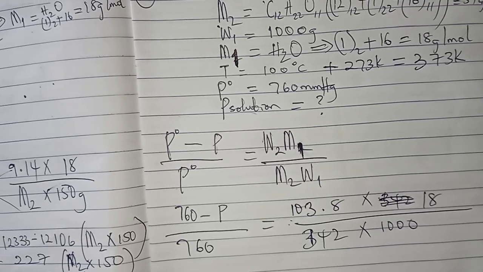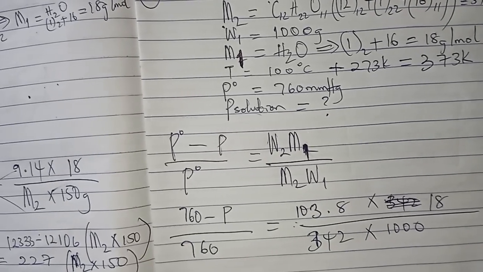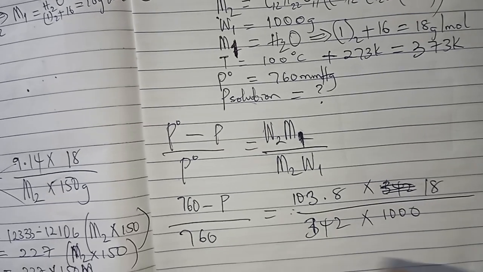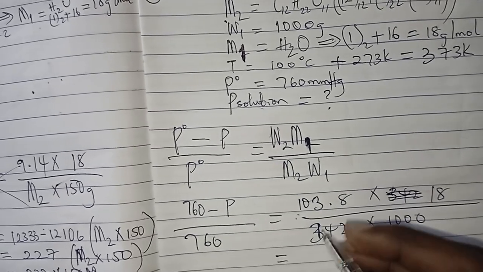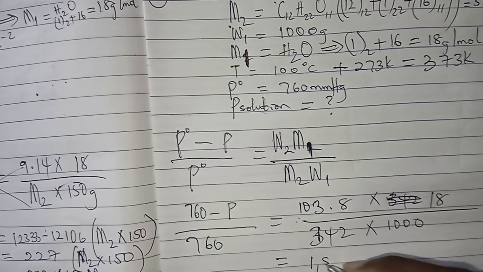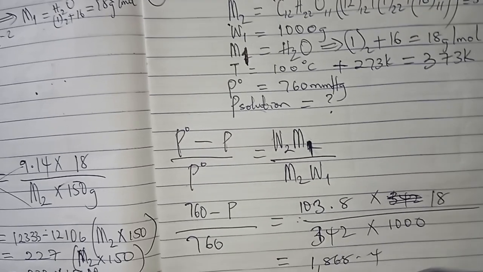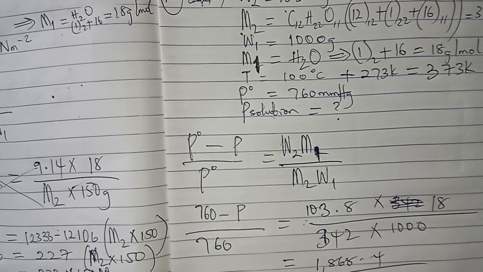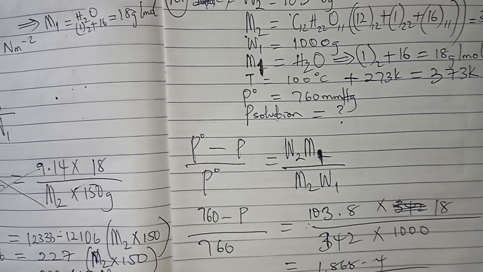If you punch this in, 103.8 times 18 is 1868.4, all over 342,000.